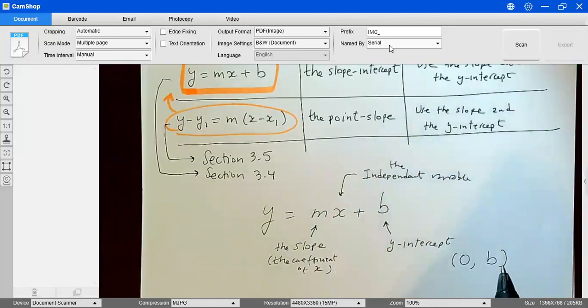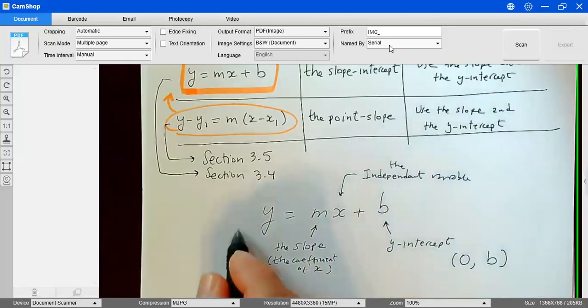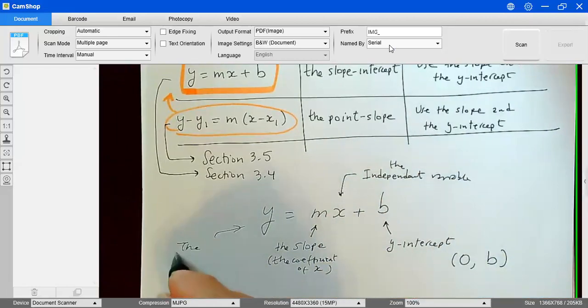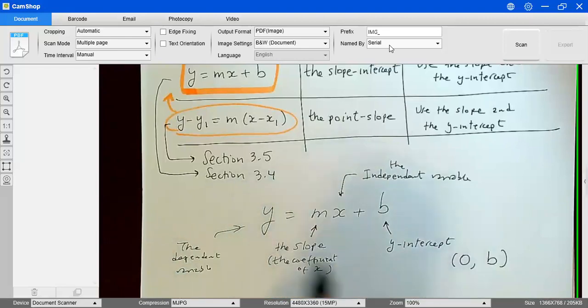In statistics, we use the explanatory variable, and y is going to be the dependent variable, meaning that the value of y depends on the value of x, or in statistics, we use the name response. So that's a very important equation. So the first thing is that we need to be able to identify the parts, those features of the equation, when you see any equation written in this form.